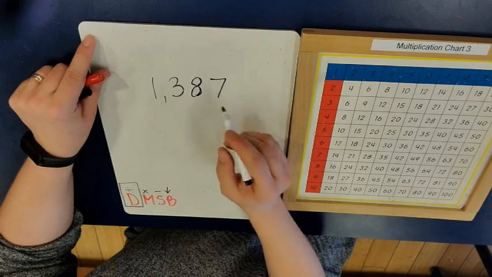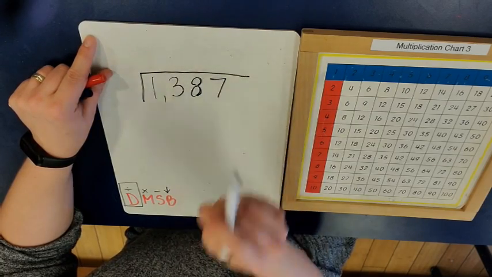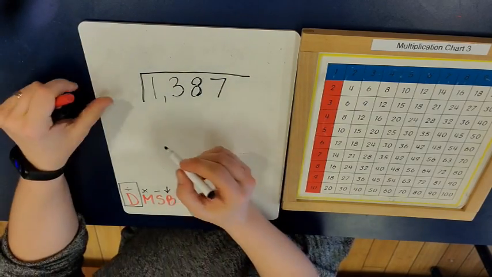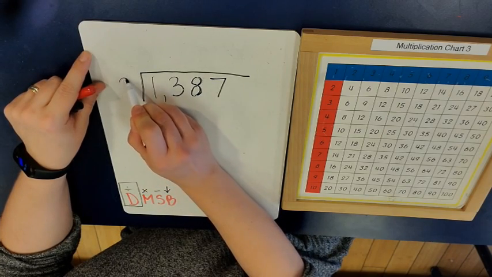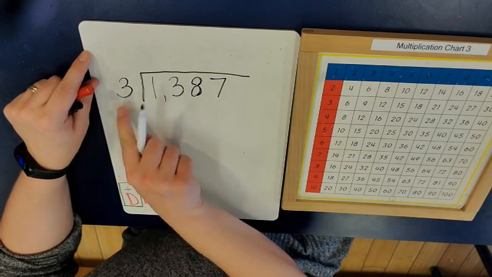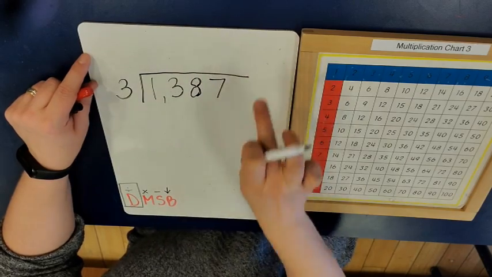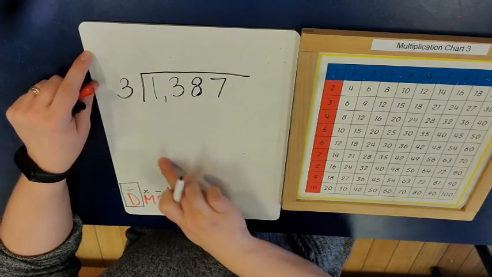And I'm going to divide it into 3 groups. So my divisor is 3, and I'm going to find the quotient, and I'm going to record all of my work underneath.